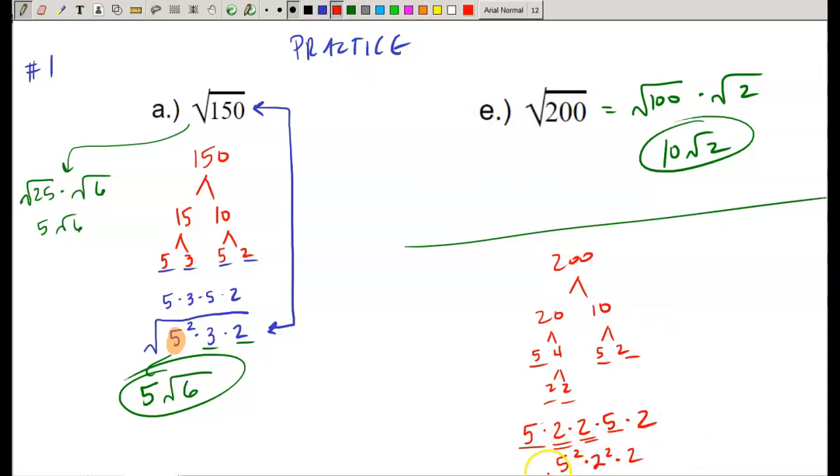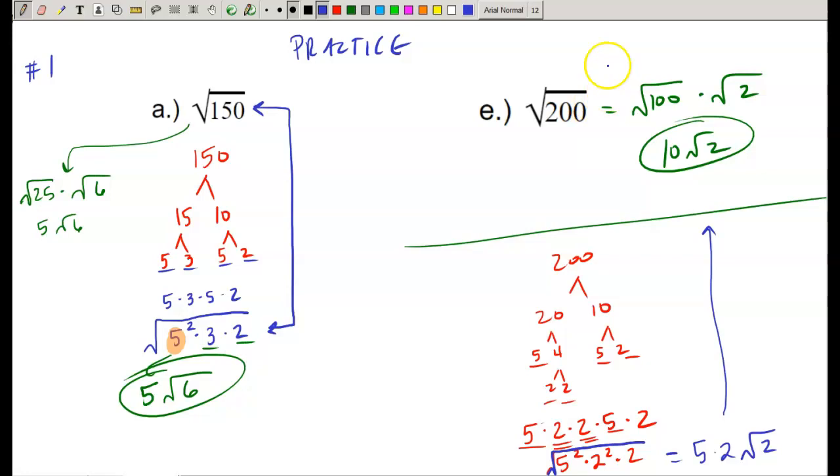So if I took the square root of 5 squared times 2 squared times 2, you could see that a 5 would come out, a 2 would come out. I'd have 5 times 2. And then this 2 right here doesn't have an exponent of 2 with it, so that would stay inside of the radical, and we would get the same thing as 10 root 2.